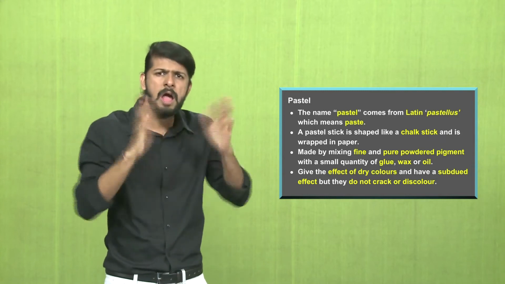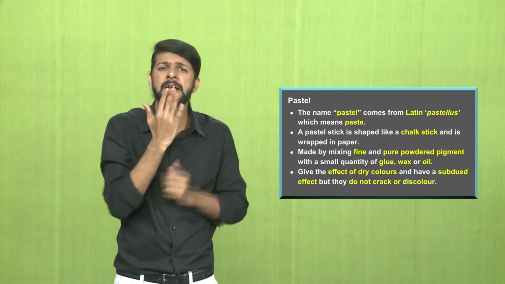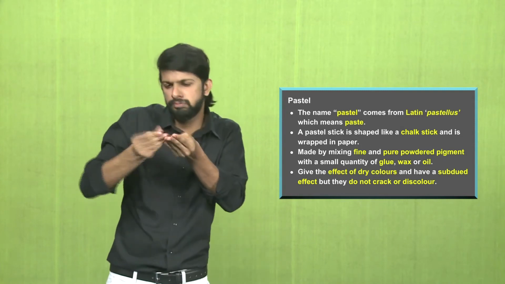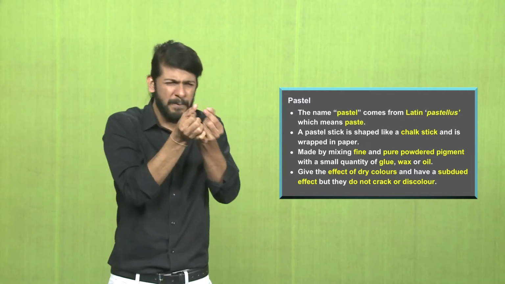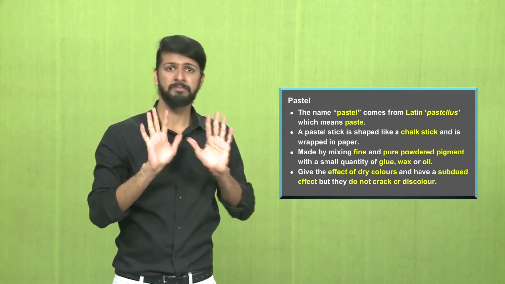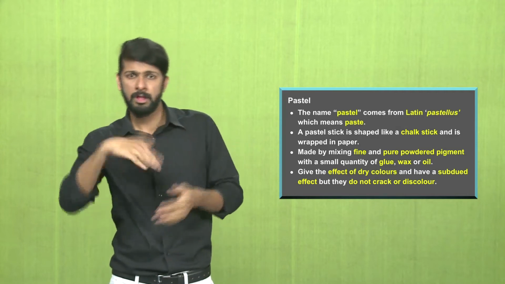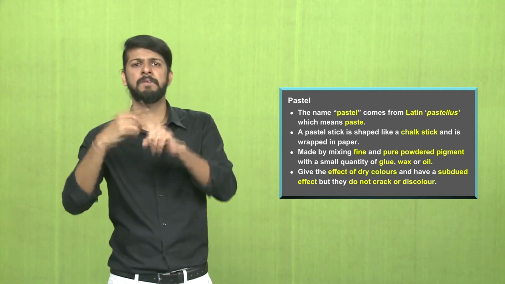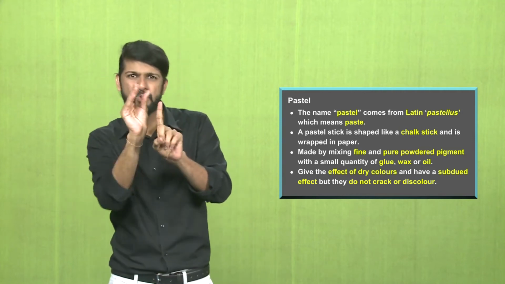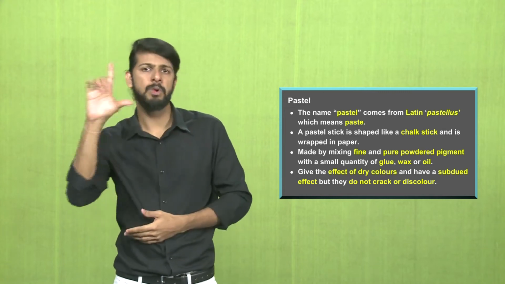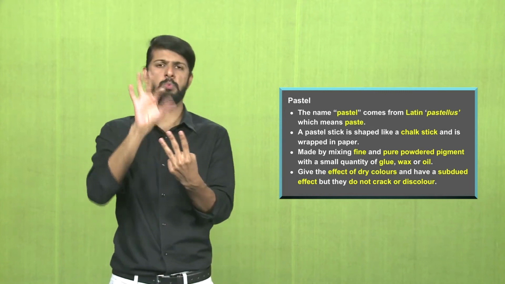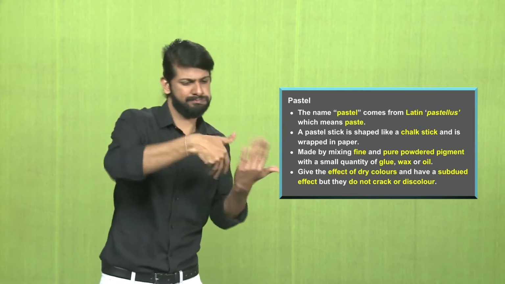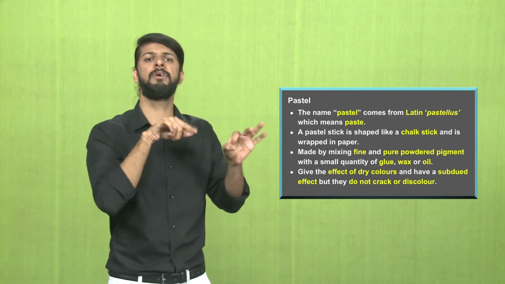How is a pastel stick made? It is made by mixing fine and pure powdered pigment, that is color pigment. It is finely ground and powdered, and then you use a small quantity of either glue, wax or oil. Any of these is mixed with fine and pure powdered color pigments, and that is how a pastel stick is made.